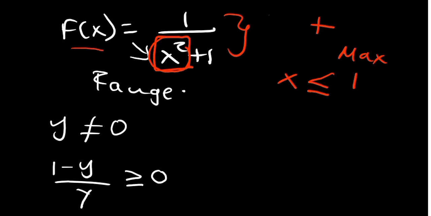But in this case, there is no possibility of the function being equal to 0. And numbers can't go beyond 0. So 0 is less than y, but y is less than or equal to 1. So this is the range that you should expect. Now let's try to determine that by solving, by calculations.